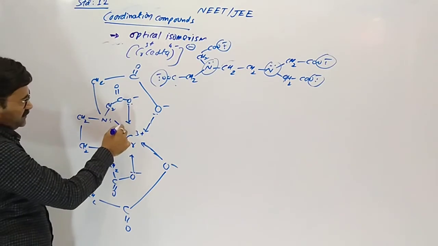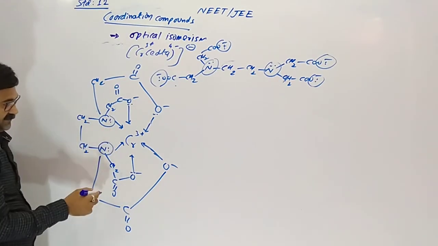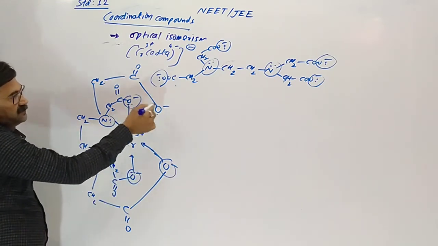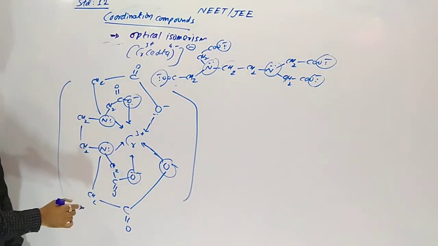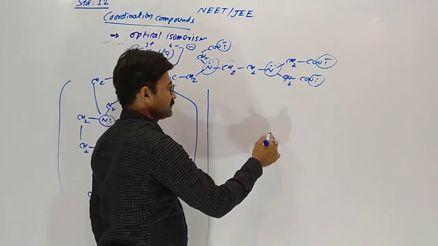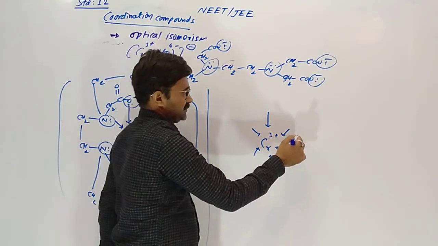One ligand forms 6 coordinate covalent bonds, 2 of nitrogen and 4 of oxygen atoms. You can see a mirror image of it: 1, 2, 3, 4, 5 and 6.